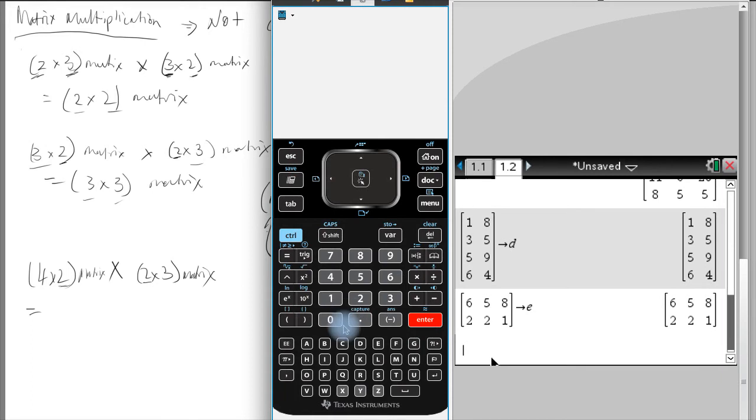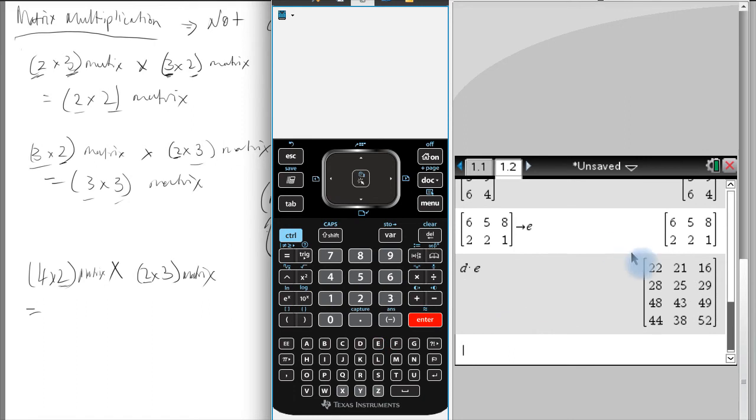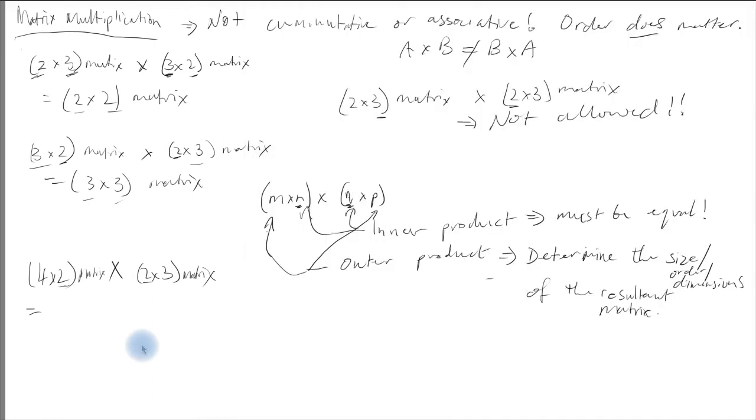So let's do our matrix D times matrix E. And there we go. Our answer, we have a 4 by 3 matrix as our answer. So we notice that this 4 is there and this 3 is there.